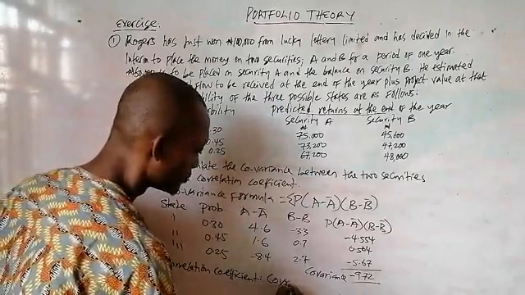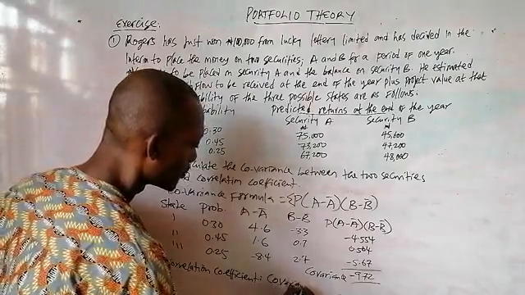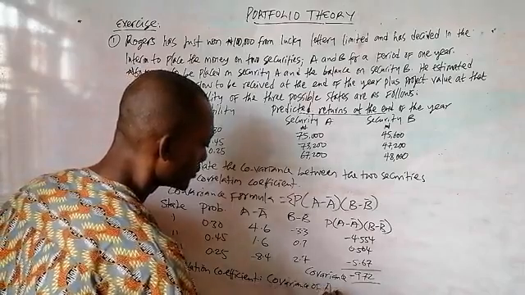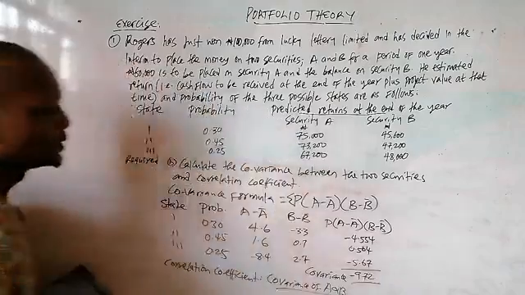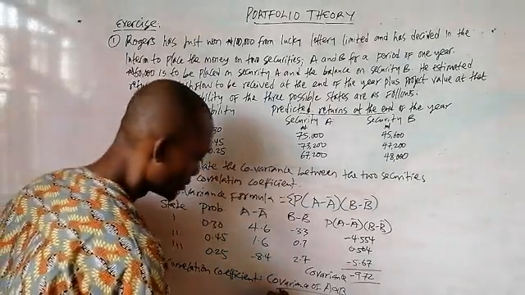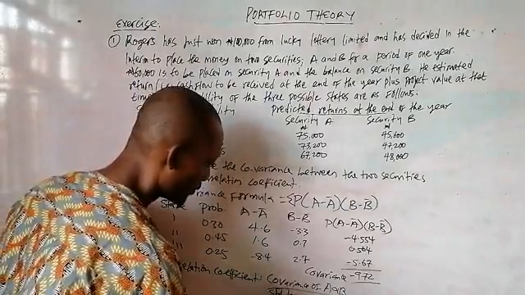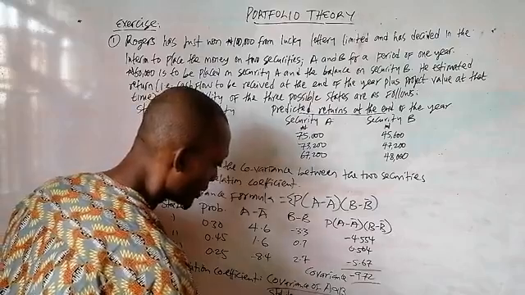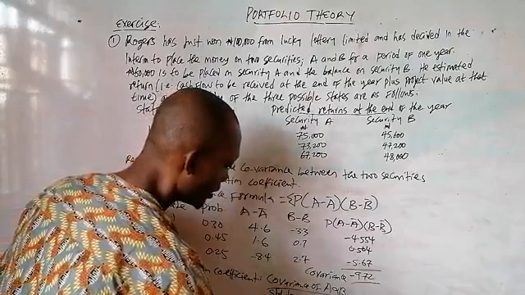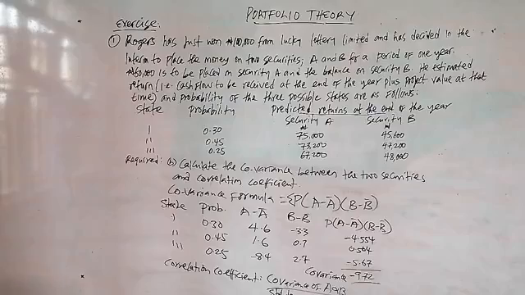Covariance of A and B over standard deviation of A times standard deviation of B. Standard deviation of A multiplied by standard deviation of B. That is the formula for correlation coefficient.